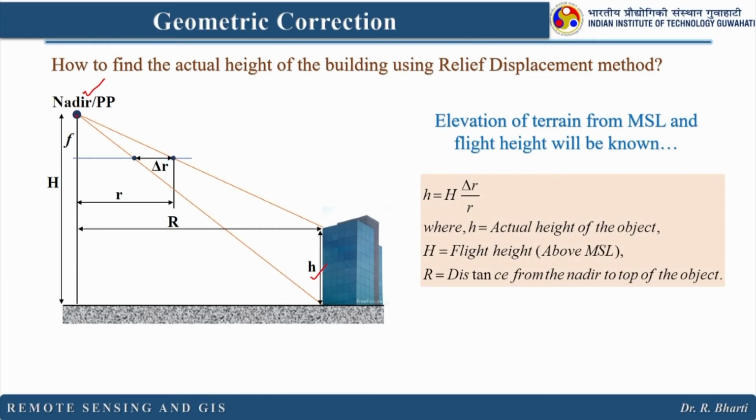So, you can use this equation, where h is the actual height of the object which we want to calculate, and capital H is the flight height above MSL, that is known to us, and r is the distance from nadir to the top of the object, right. So, this is the r. If you have all these parameters, you can easily find out the height of the building from a satellite image or aerial image, right.